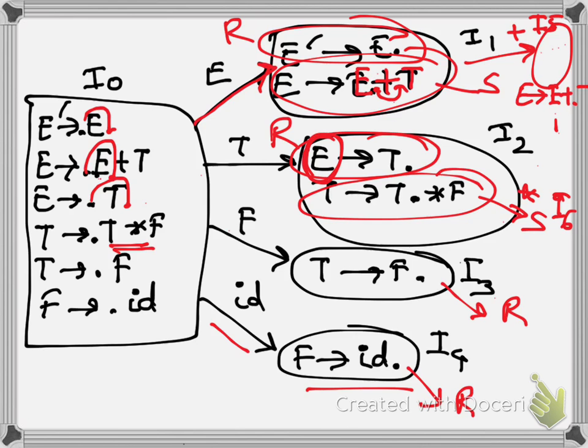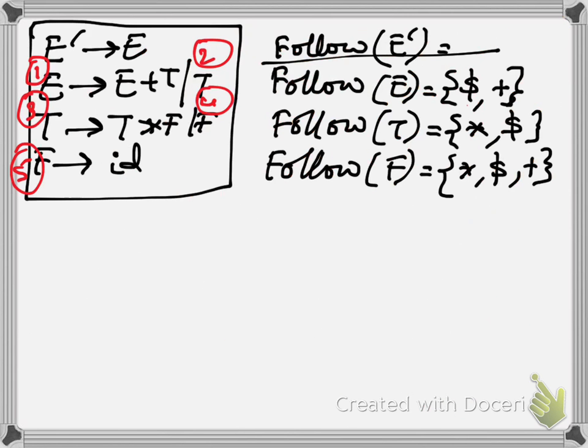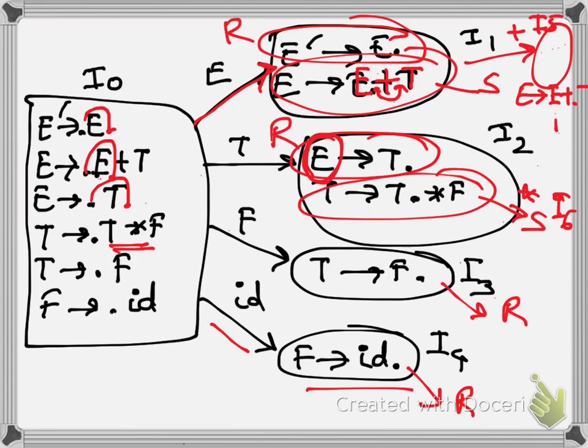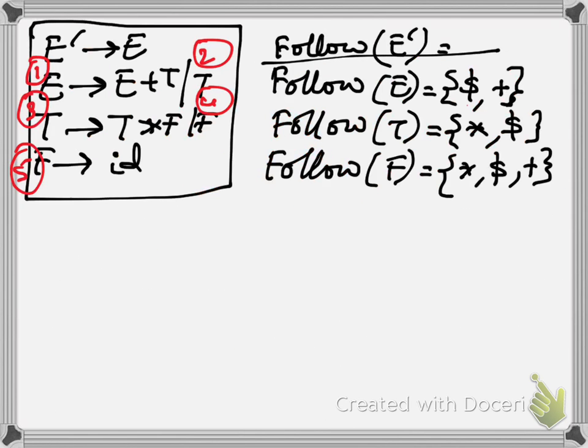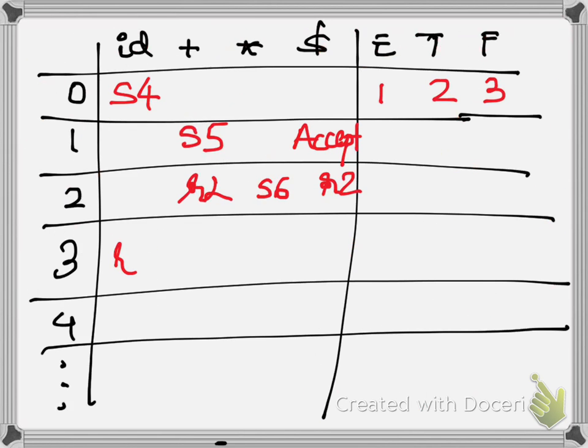So this T derives F is number 4 and F derives ID is number 5. So for 3 it is reduce 4, reduce 4, reduce 4, reduce 4. Okay, and for 4 it is reduce 5, reduce 5, reduce 5, reduce 5.